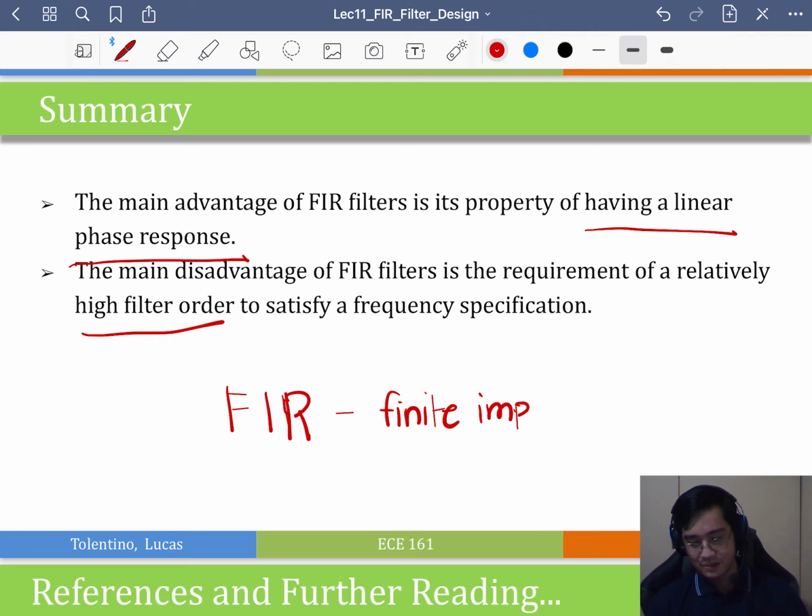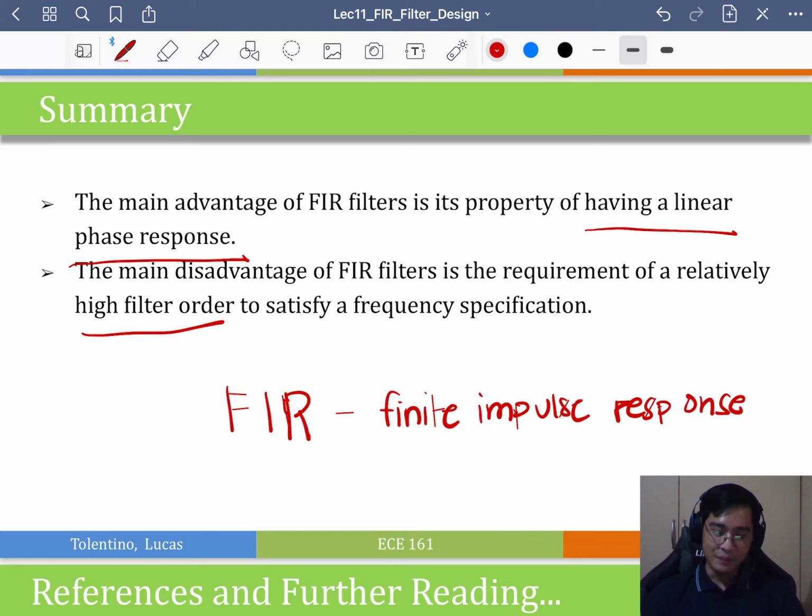Another good thing about the finite impulse response is that we do not have an issue on stability. It's always stable because we have a finite duration of impulse response.